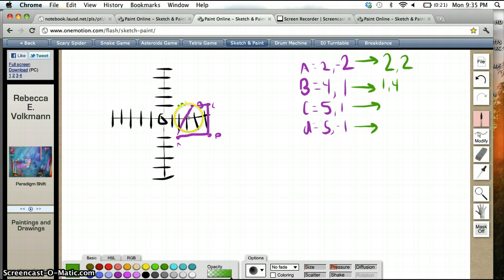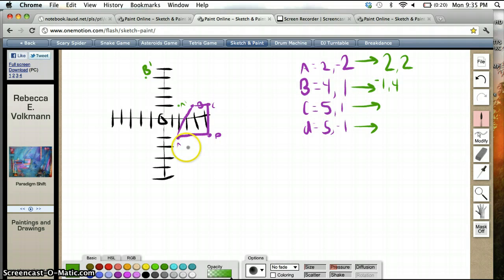So over 1, up 4, because we flipped our X and Y when we go over our Y-axis. And we're going to label this B1. Now if you notice, this is (-1, 4). So let's add our negative here, -1.